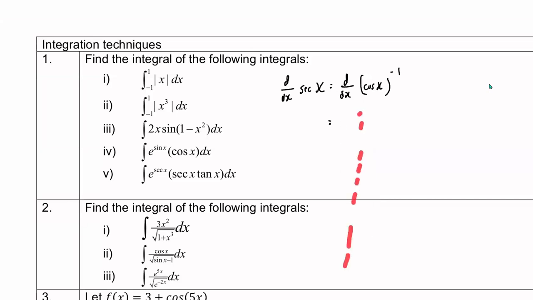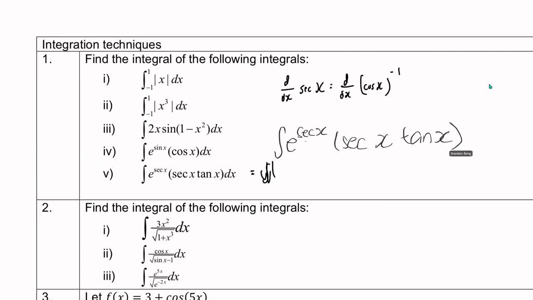Do you need me to show you? I think you don't need it for now, because we are focusing on integration. We'll focus on this. So it's secant x tangent x. So you have the outer, and then you have the inner, and it's already in the correct format.